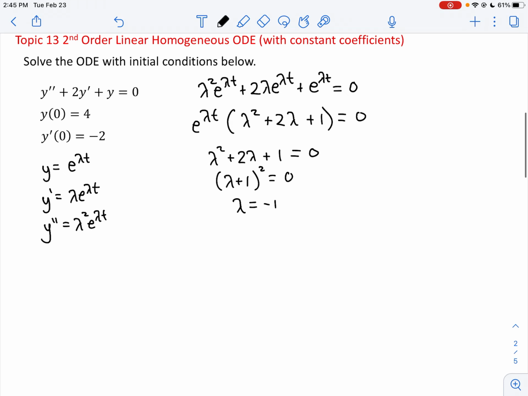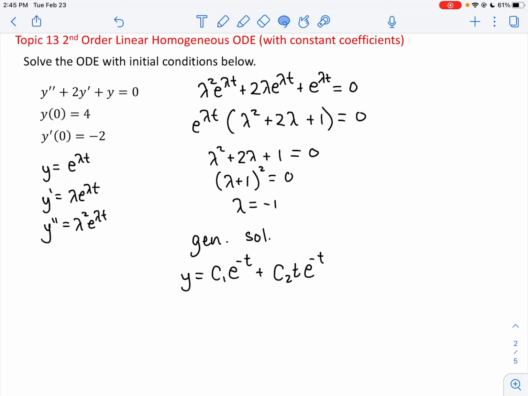Now when this happens, your general solution will be the following. y is equal to some constant times e to the lambda t, so lambda is -1, so negative t will be our exponent, plus, and then we need a linearly independent second solution. It turns out that if we do a second e to the negative t, but put a t in front of it as part of the coefficient, we can show this will also be a solution to the differential equation.